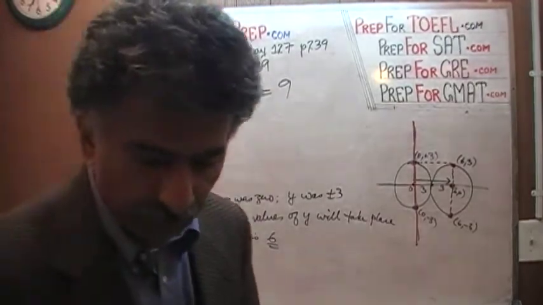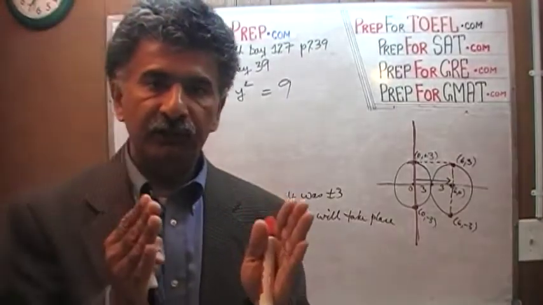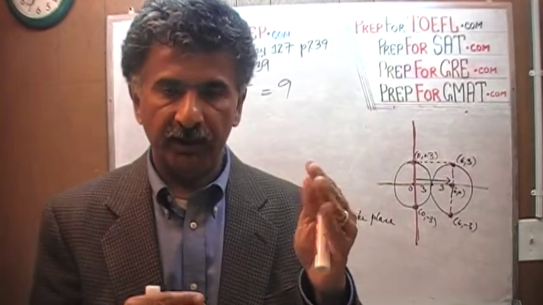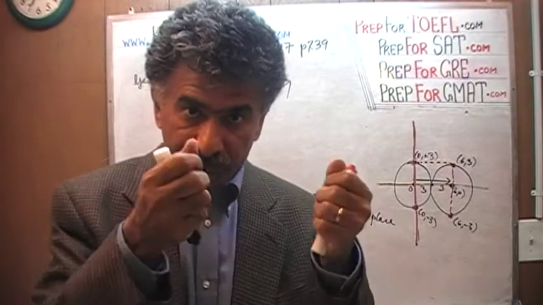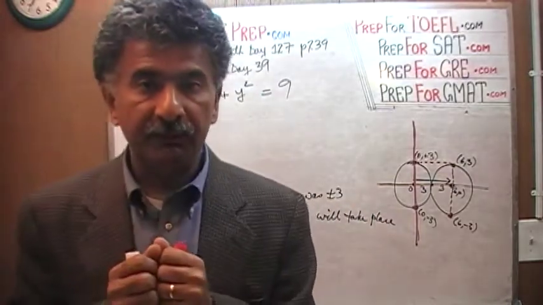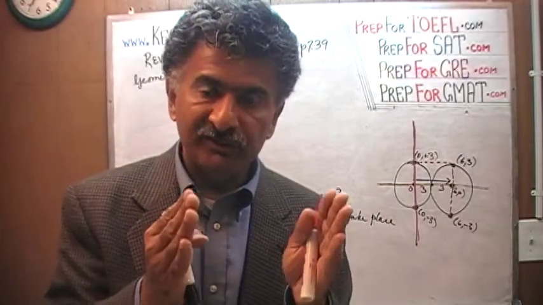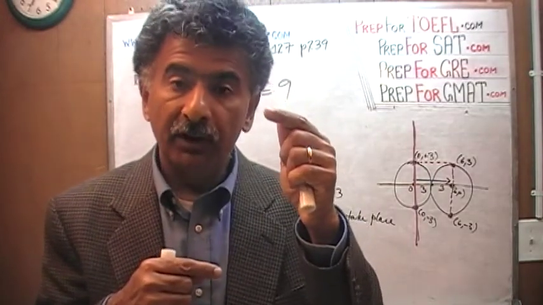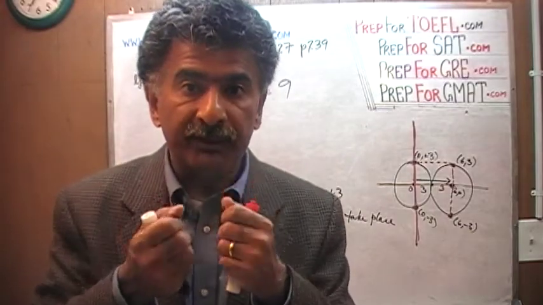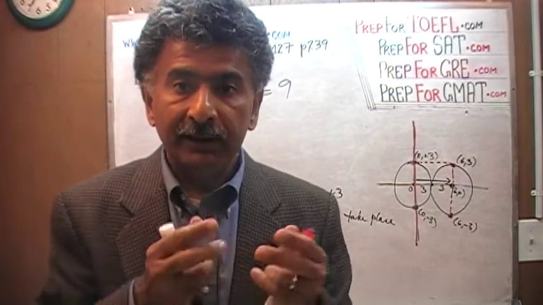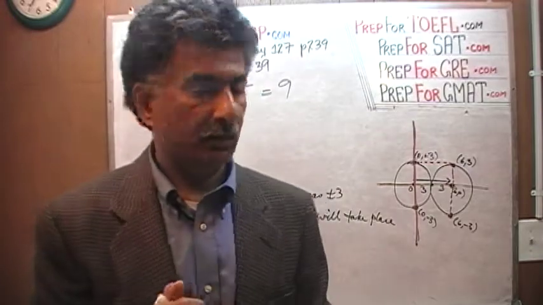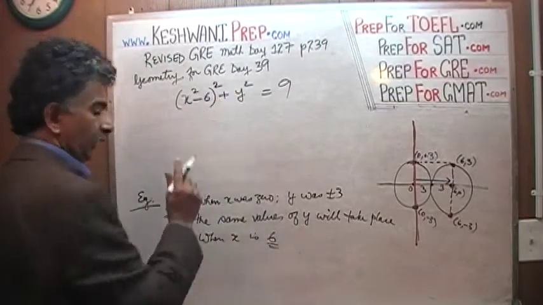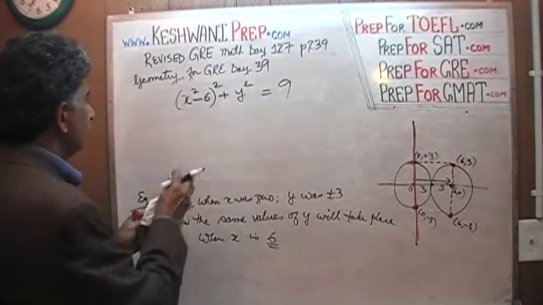But now, because we have picked it up and shifted it 6 units to the right, each value of x is 6 units more than before for a given value of y. Therefore, we have to take 6 away from the x to compensate for the fact that it has gone up by 6 units. We're going to take it away by subtracting 6 from it. Voila. This is the new equation.